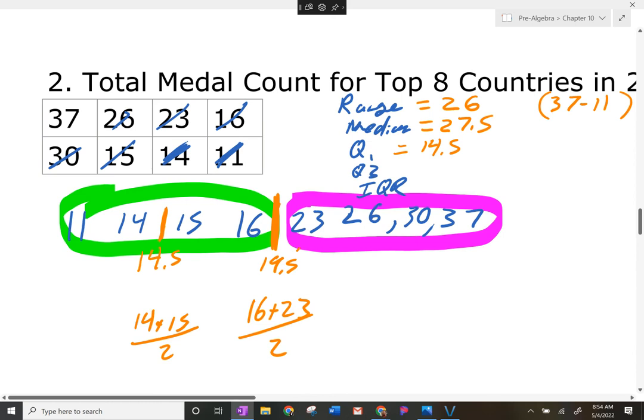Quartile 3. Between 26 and 30. What do you get for that one? 28. Super duper. 28. And then to find the interquartile range, I'm going to do 28 minus 14.5. What do you guys get? 13.5.